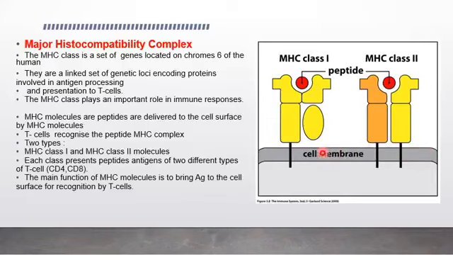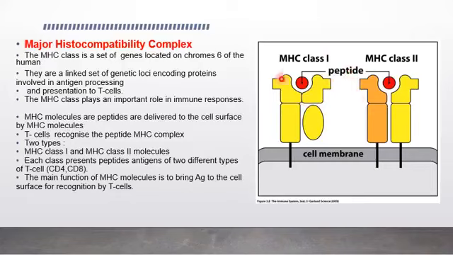Firstly, the MHC class 1 is a set of genes located on chromosome 6. Peptides are delivered to the cell surface by the MHC class 1 and the MHC class 2.